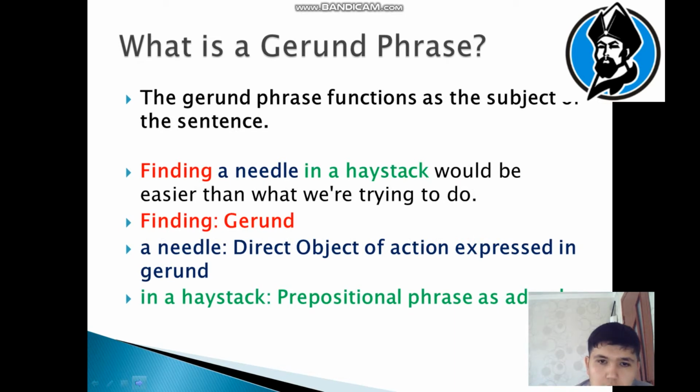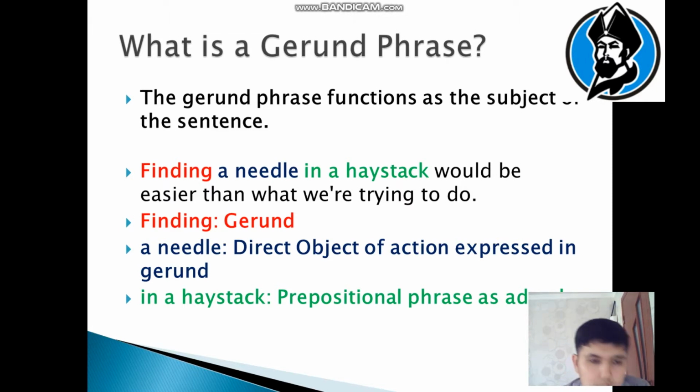Gerund phrase functions as a subject of a sentence. For example, finding a needle in a haystack would be easier than what we are trying to do. Let's analyze this sentence. Where is the gerund phrase? Finding a needle.